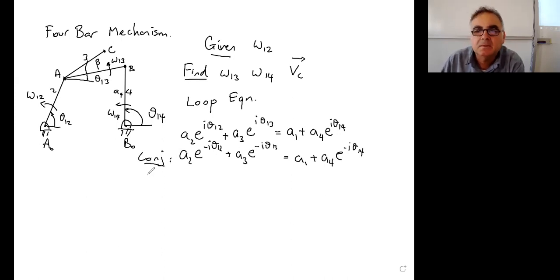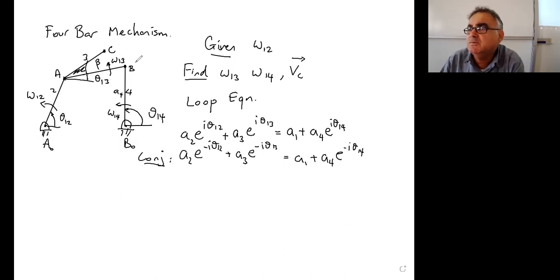What do we mean by VC? It is the velocity of this point C, the coupler point. So we won't consider it as omega. Angular velocities are omegas.